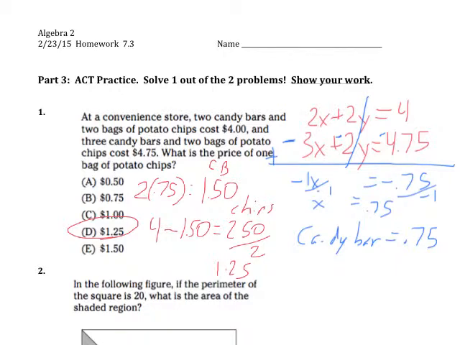Again, the more mathy version of that is to snag this 75 cents and plug it back in for x and solve for y. You're going to do all the same math, and you're going to end up with the same answer, $1.25.